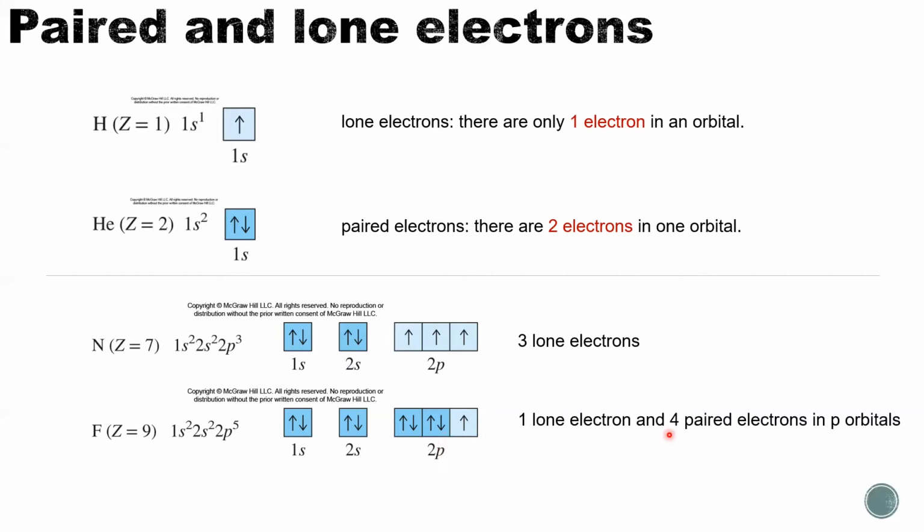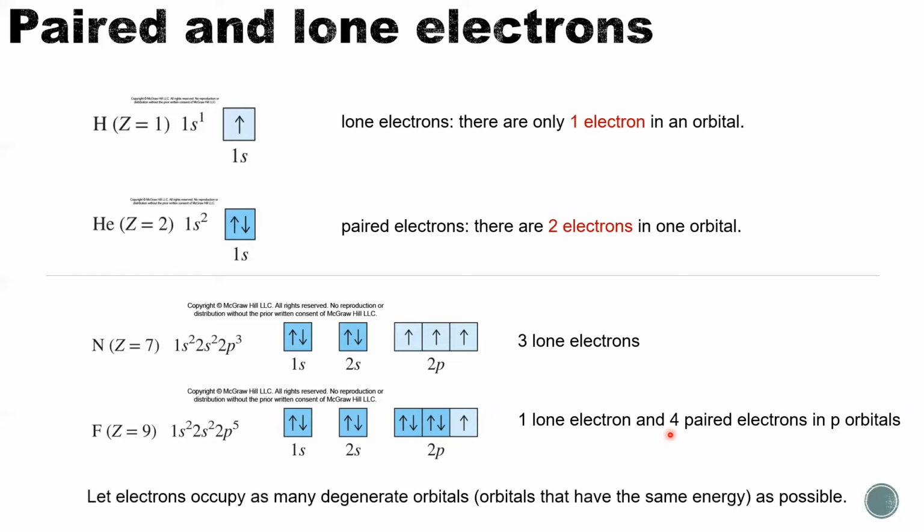So when we decide whether it's a paired electron or a lone electron, we first need to write out the electron configuration, then the valence electrons, and see how they occupy orbitals in reality. Let electrons occupy as many degenerate orbitals as possible.